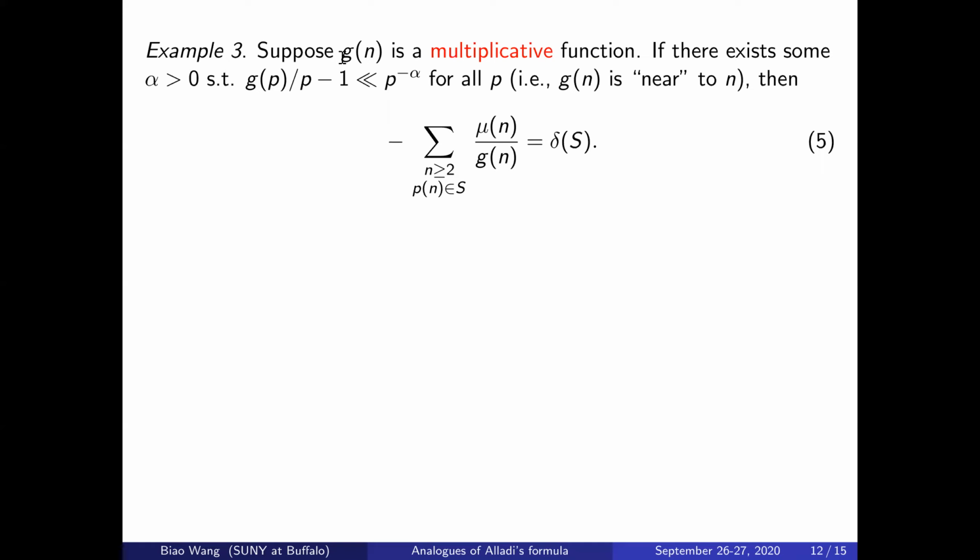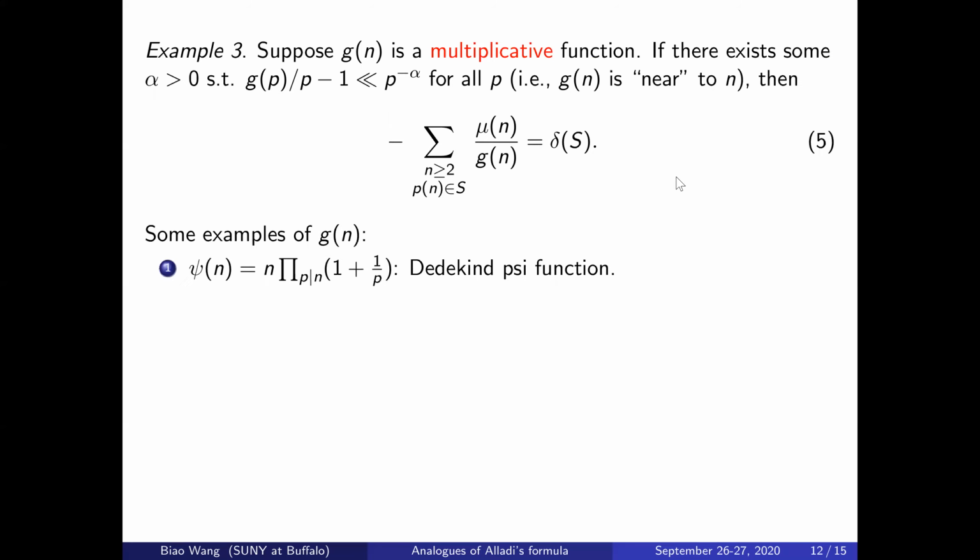Here g is a multiplicative function that's near to n, which means that the value at prime p is close to p. Then for such functions, we can get the following Alladi's formula.